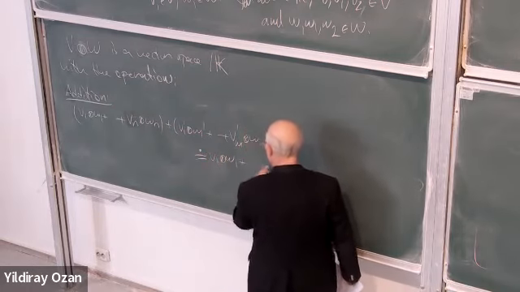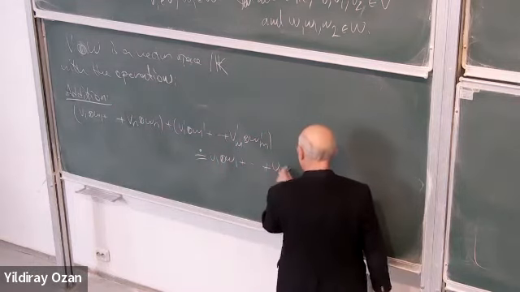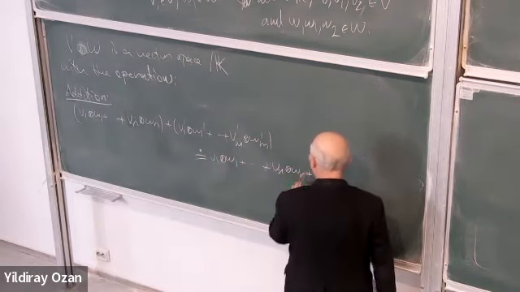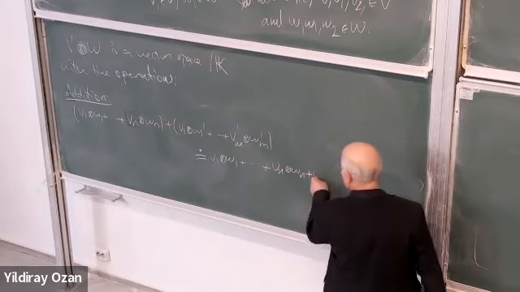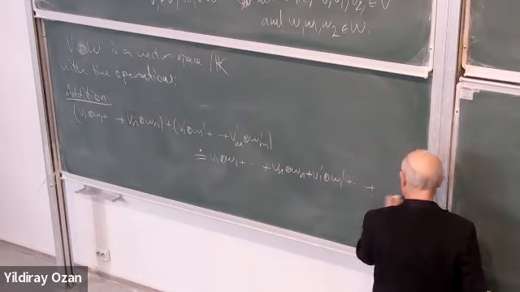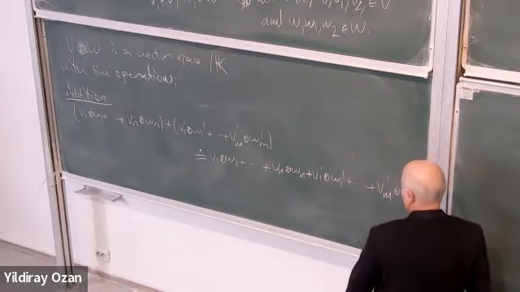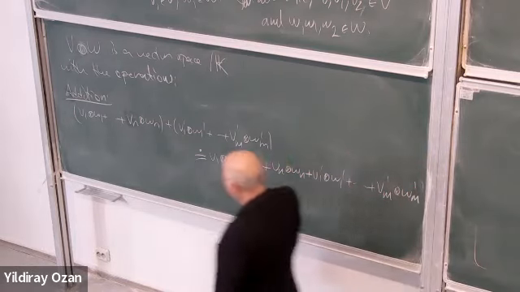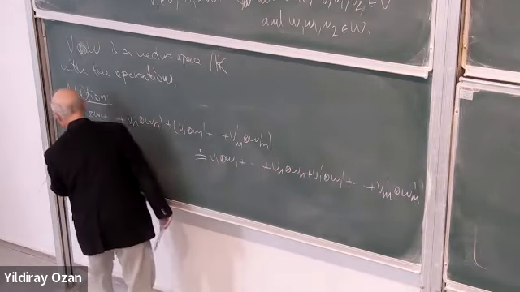So we go from 1 to n, and then we add the remaining terms. So this is the addition.